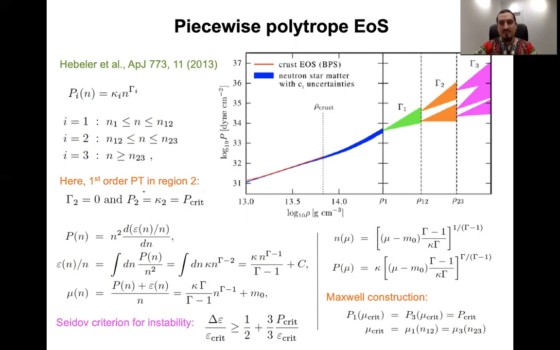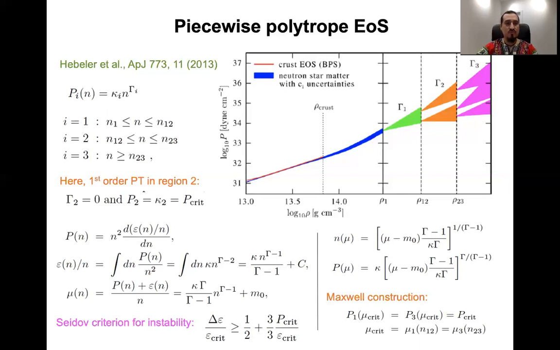So these high density parts are described by a polytrope that has this function here, where the pressure is proportional to the baryon density to some gamma power. Each of these i corresponds to a different segment, and the equation of state that we have chosen is composed not only of 3 segments, but 4 segments, and we call it ACB5.